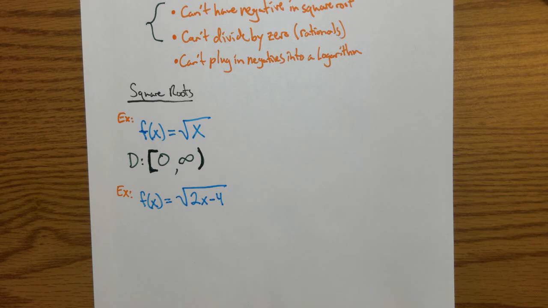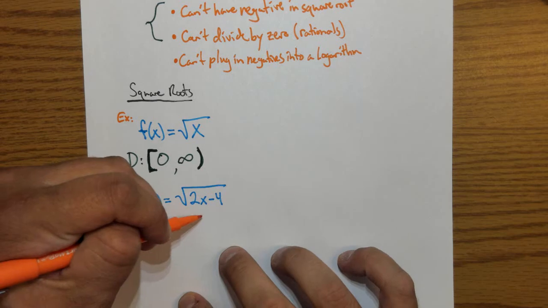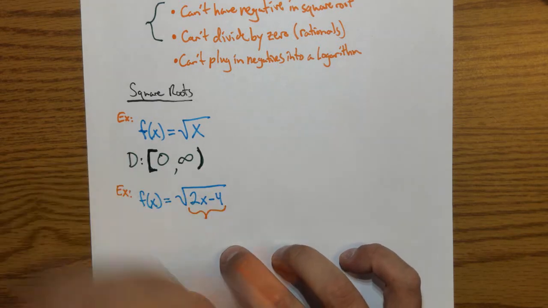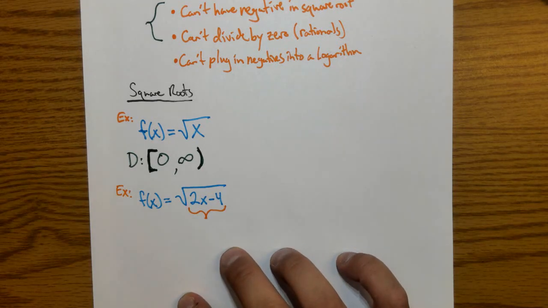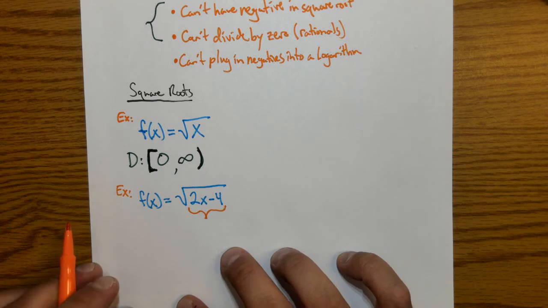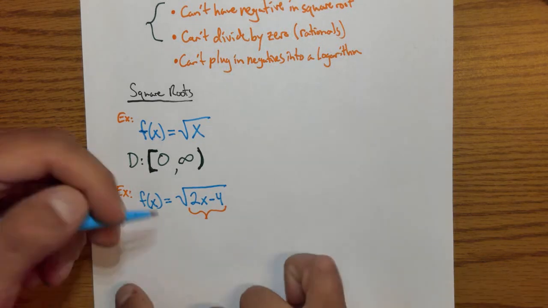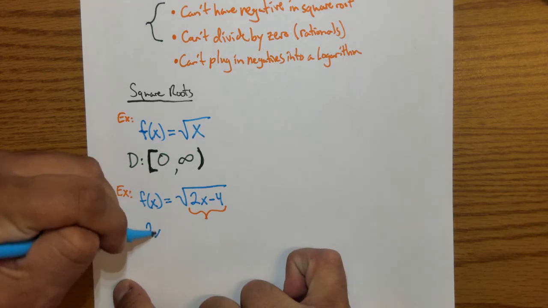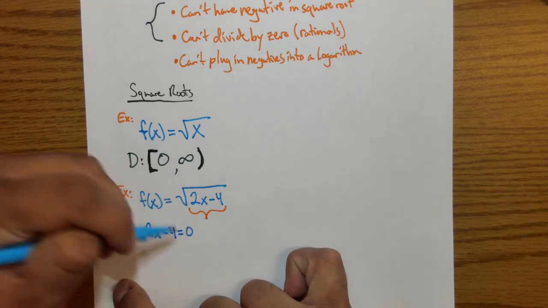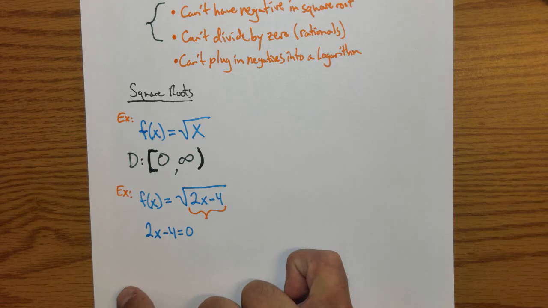Well, all you need to do is take what you have under the radical, and I want to know when it equals 0, right? So I'm going to set it equal to 0 and solve for x.